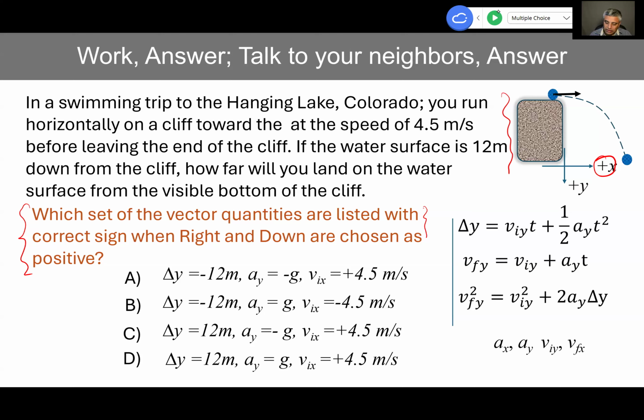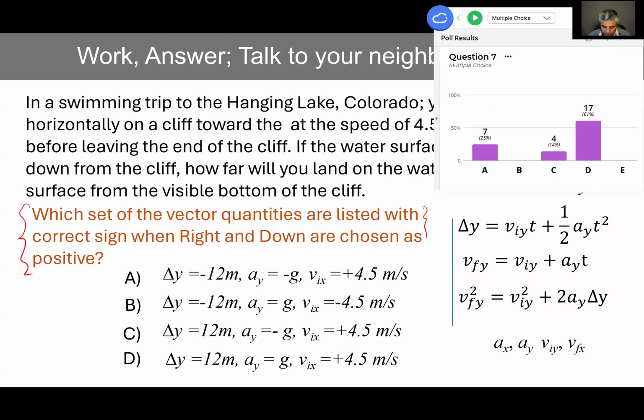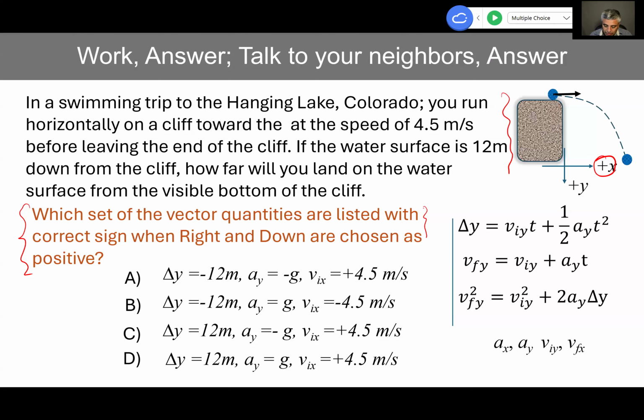Okay, let's see what we got here. So mostly D. Nobody chose B. Now let's see how I go about it. We are choosing right as positive and down as positive. So displacement starts from here and arrives here. The overall displacement is like this, but the displacement in the y direction is just this.